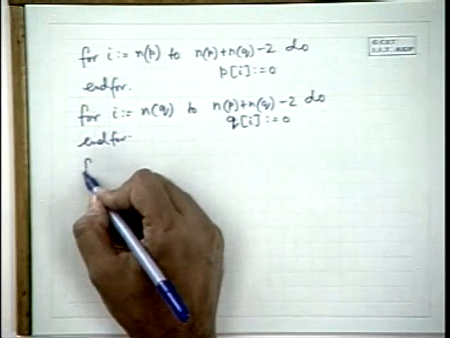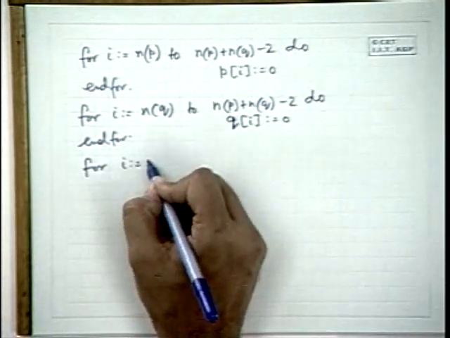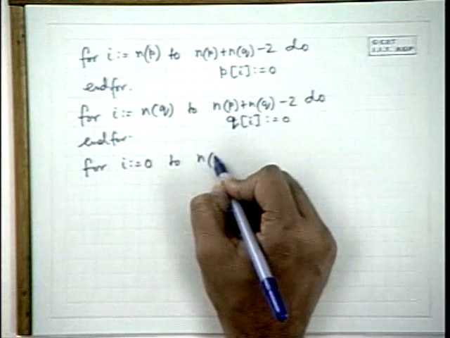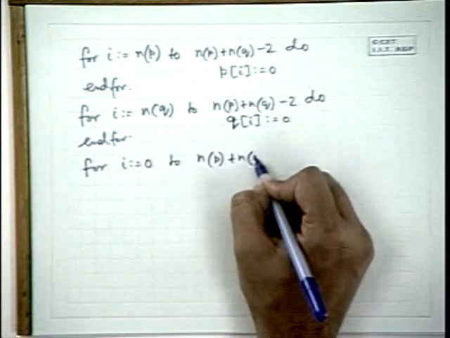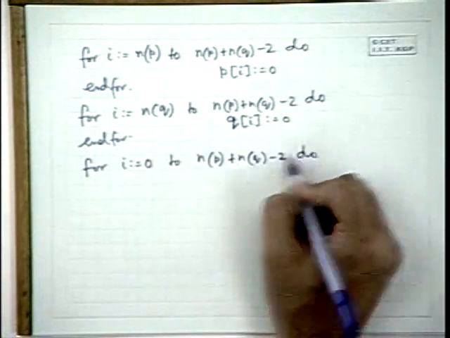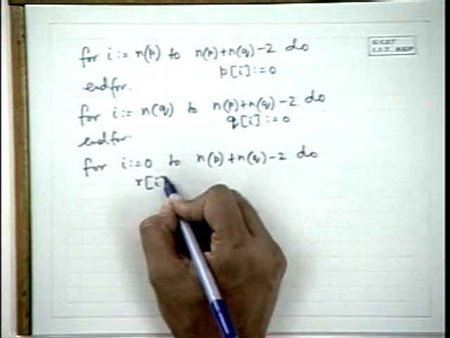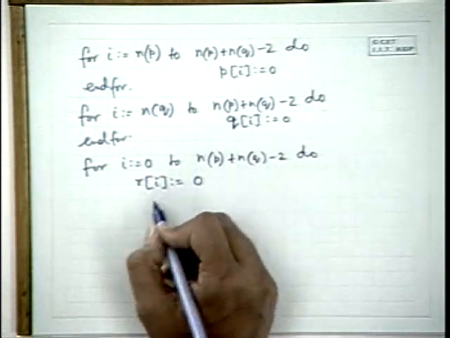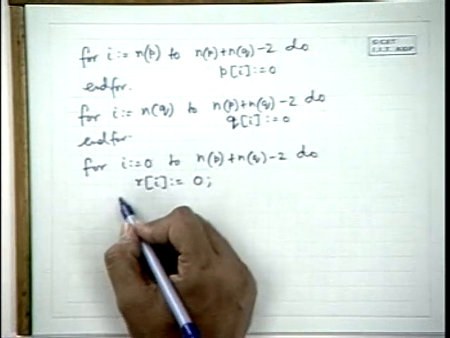Now, here is the multiplication. For i equal to 0 to np plus nq minus 2, do Ri initialized to 0. Now, within that there should be another loop.